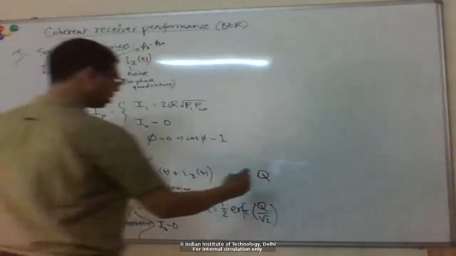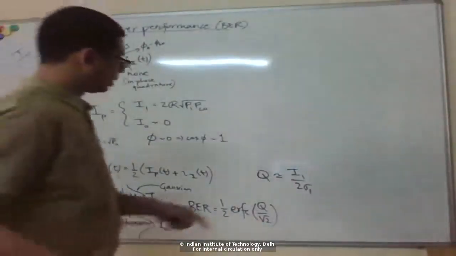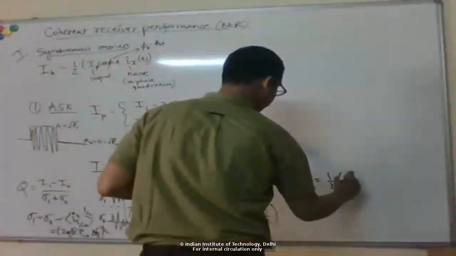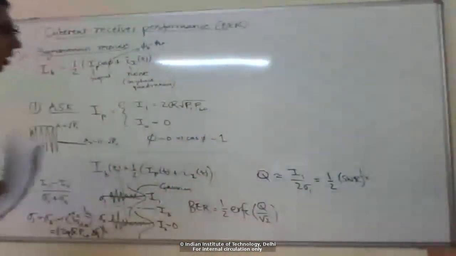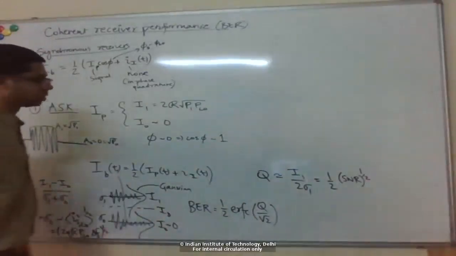So Q basically, right? I can write this as half of the square root of the SNR, the electrical SNR that I get for bit 1.